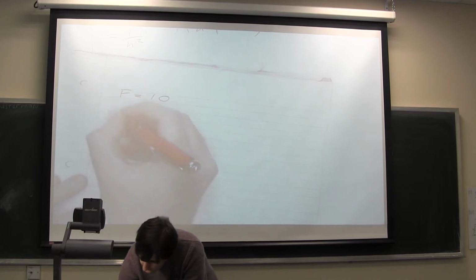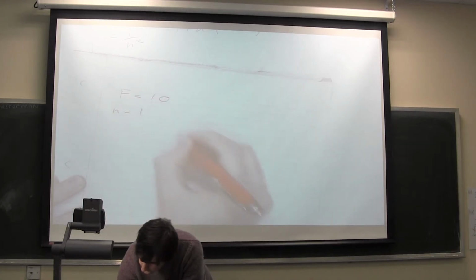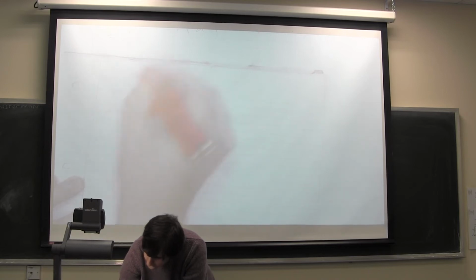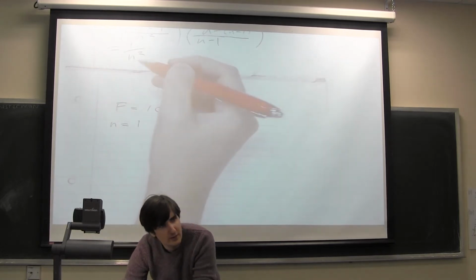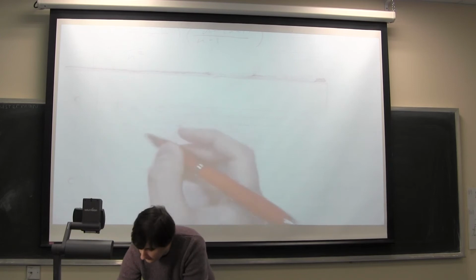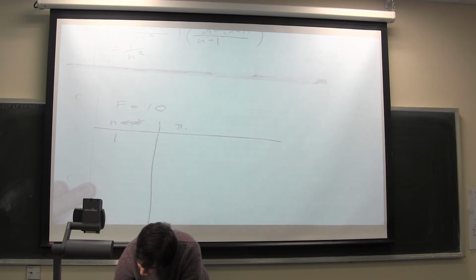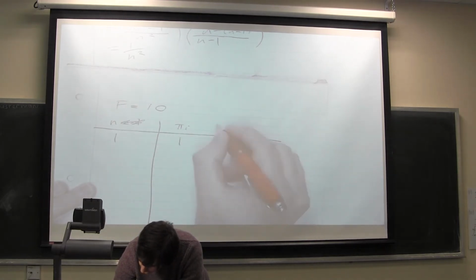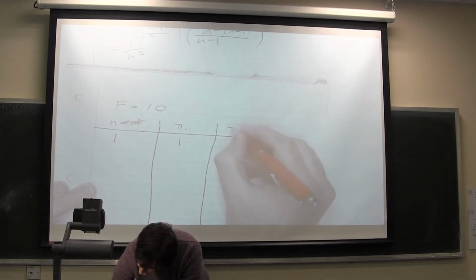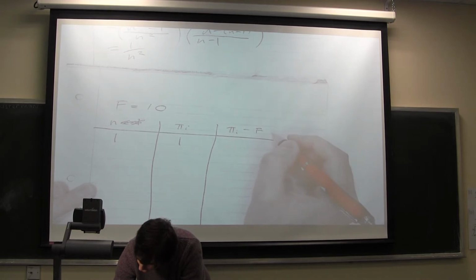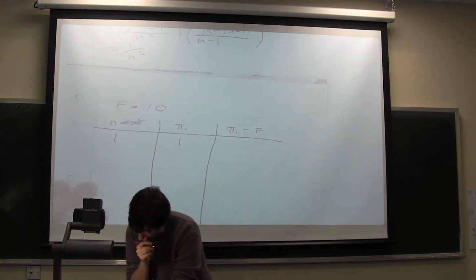If n is 1, then the production period profits are going to be 1 over n squared, 1 over 1 squared, well that's 1. Here's the table: n is 1, then pi I is 1, so the net profit, pi I minus F... my entry cost is too high, isn't it?